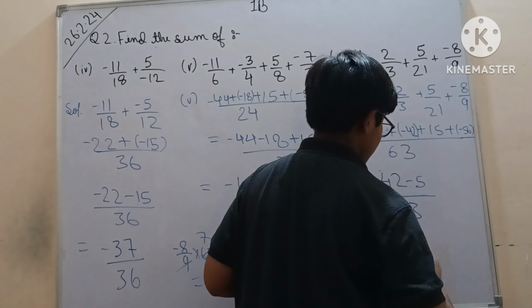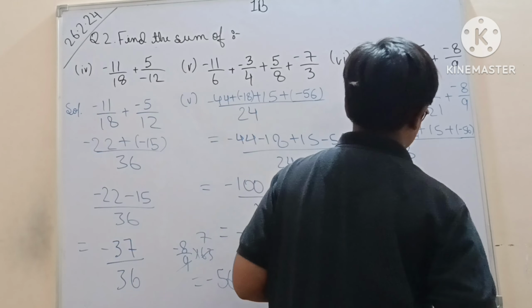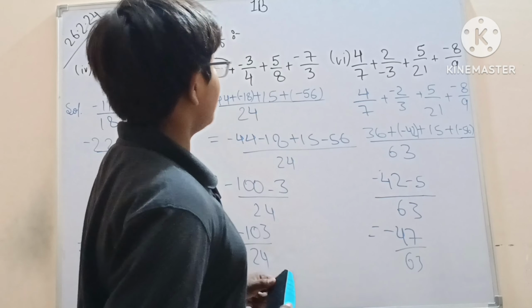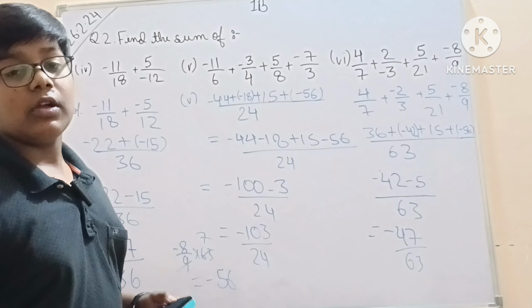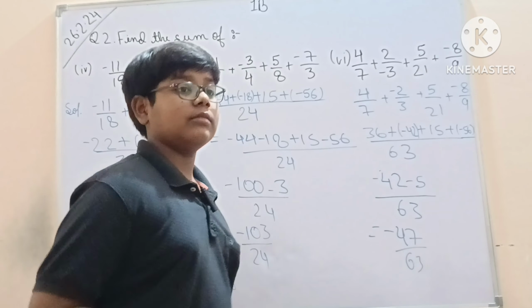Minus 47 divided by 63 will become our answer. So we have found the value of question number 2, second part also. Now we are moving to our third question.